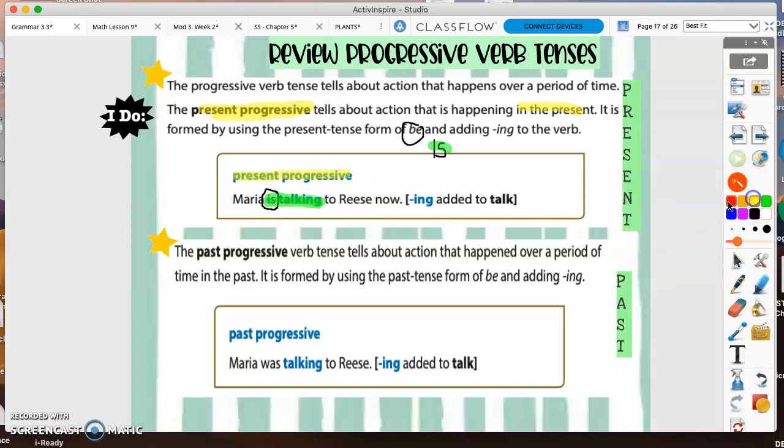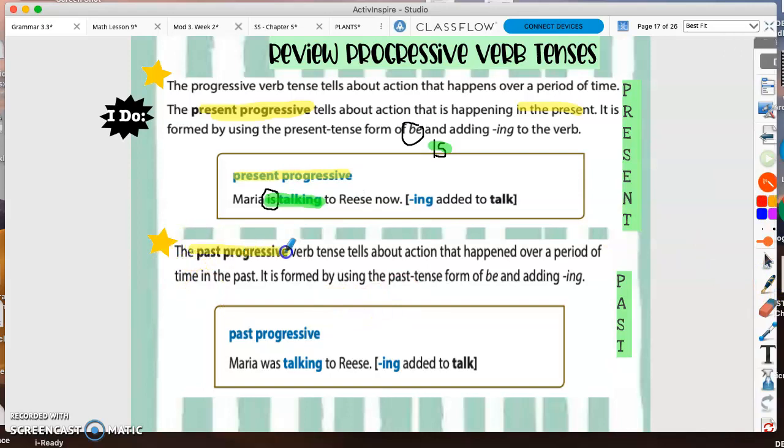Now, we also have the past progressive verb tense. Okay, the past progressive verb tense tells us about an action that happened over a period of time, but instead of it happening in the present, in the now, it already happened in the past.